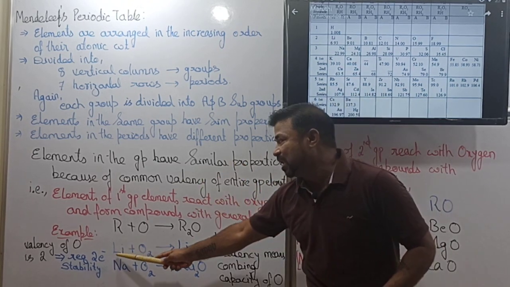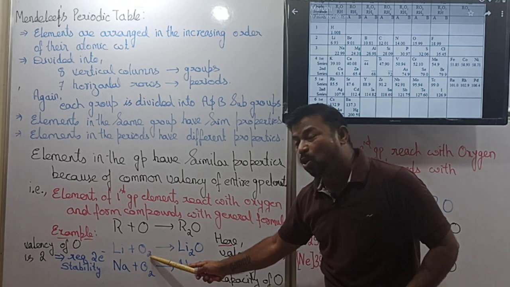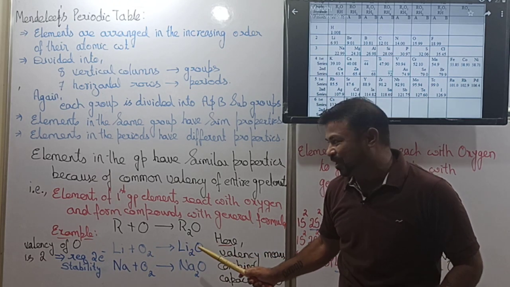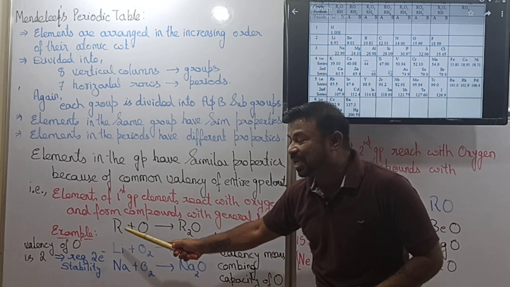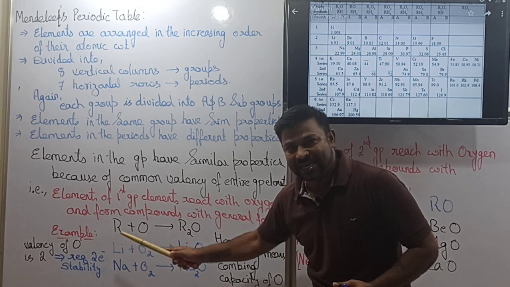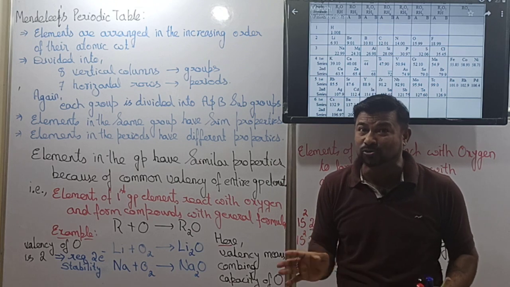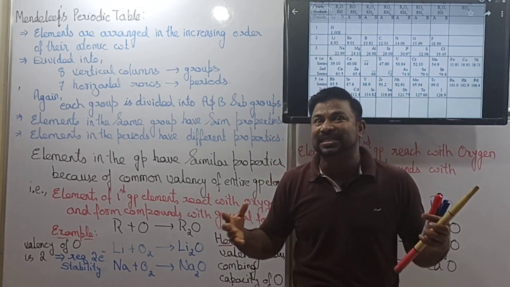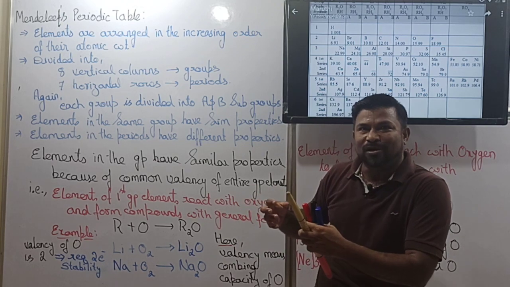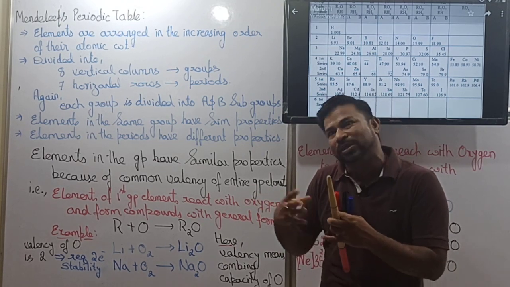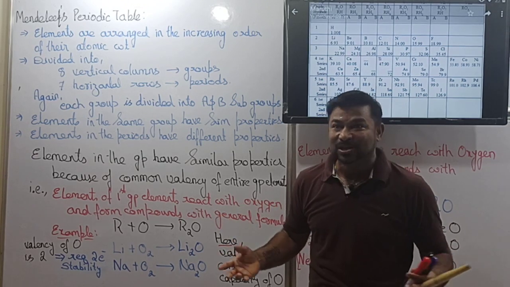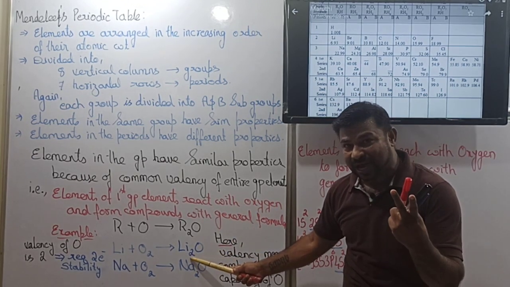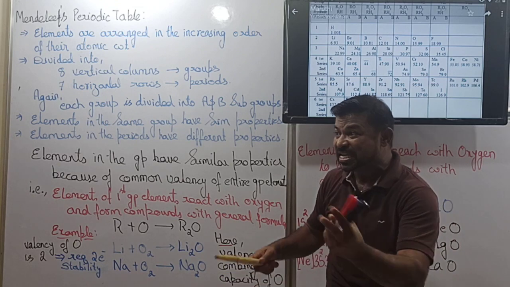That's what he says. Lithium, Li plus O2, gives rise to Li2O. Oxygen is taking 1 electron from each lithium. Of course, lithium does not have 2 extra electrons, it has only 1 extra electron, which it is ready to give so that it can bond with oxygen and stabilize. So oxygen is combining with two lithiums and taking one electron from each.